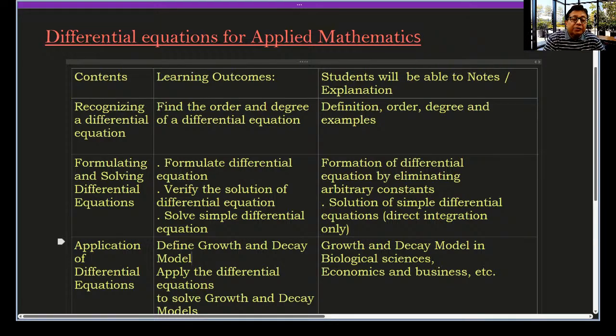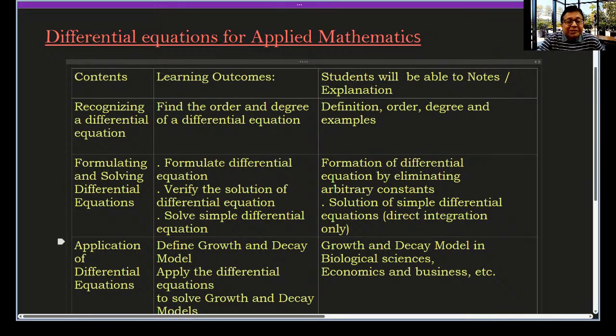That is also under the growth model. Radioactive disintegration, or Newton's law of cooling, both come under the decay model, but there is a least chance of asking questions from there.